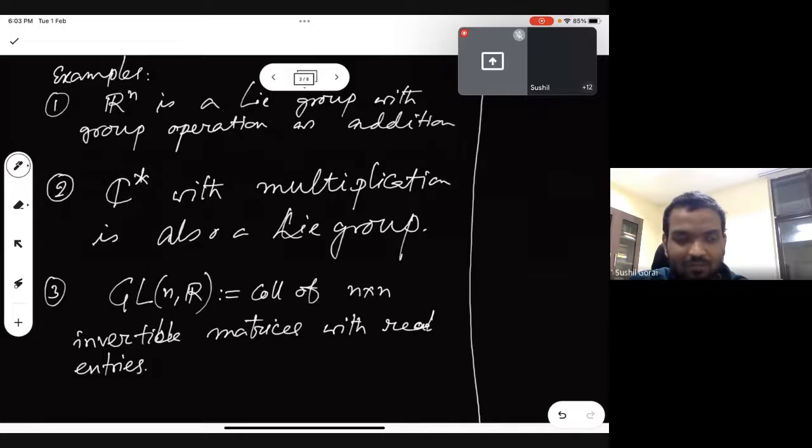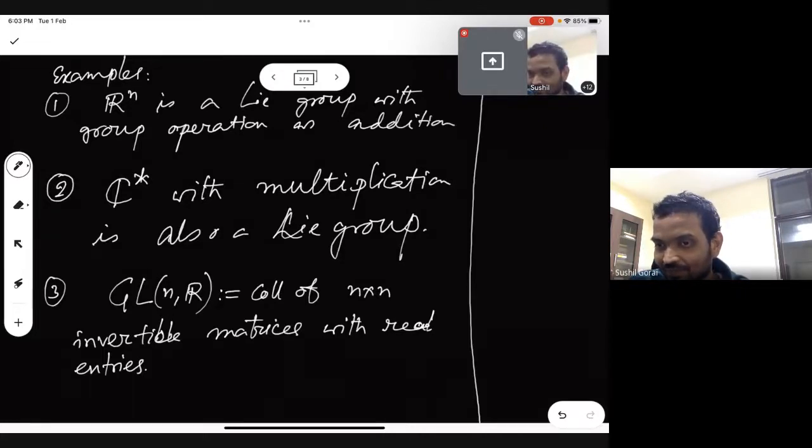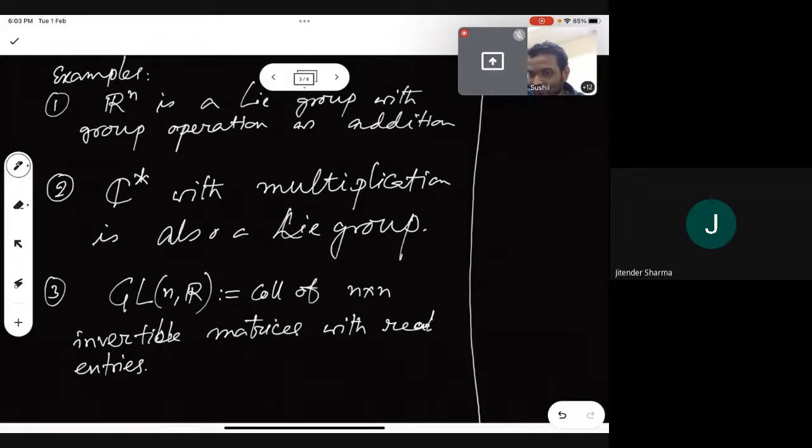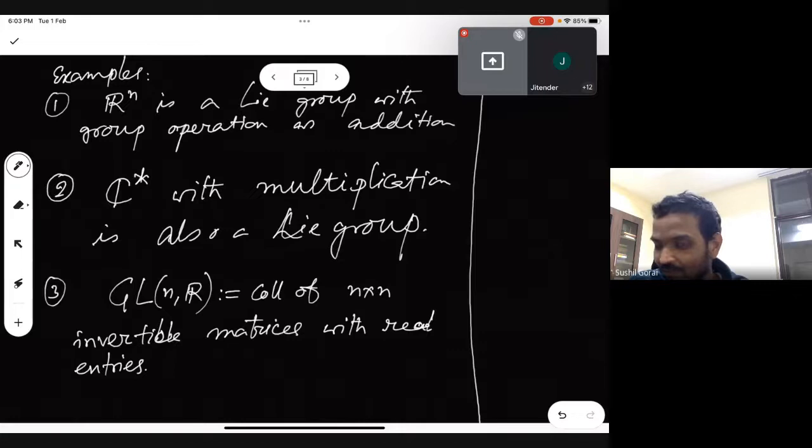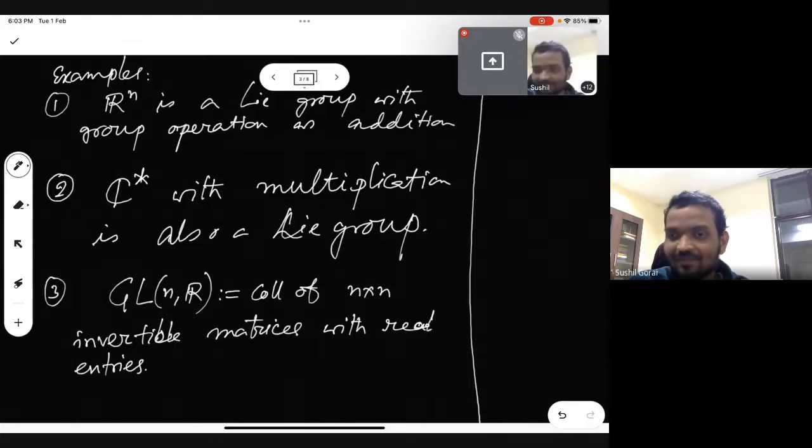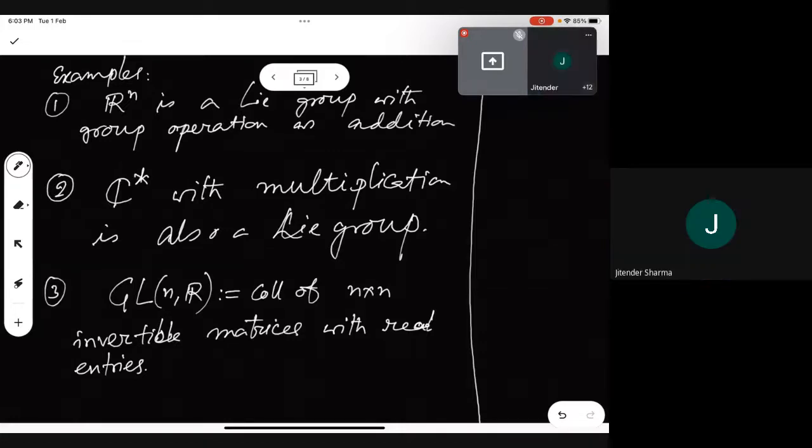Why is it an open subset? You can define the map from Rn square to R by assigning the determinant. You define the isomorphism of Mn, the set of all matrices, to Rn square.